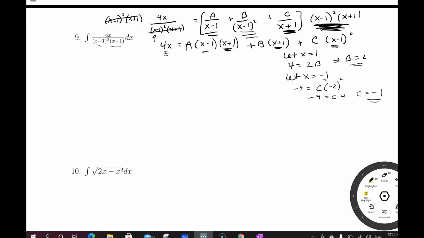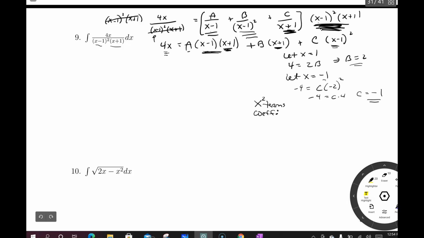Okay, so I've got 2 of my letters. So now I'm left to find out what A is equal to. Do not choose a random number. This is the time you want to compare coefficients. So I can see that my letter A is going to be in front of an x squared term. So that's why I'm going to choose my x squared term coefficients to compare.